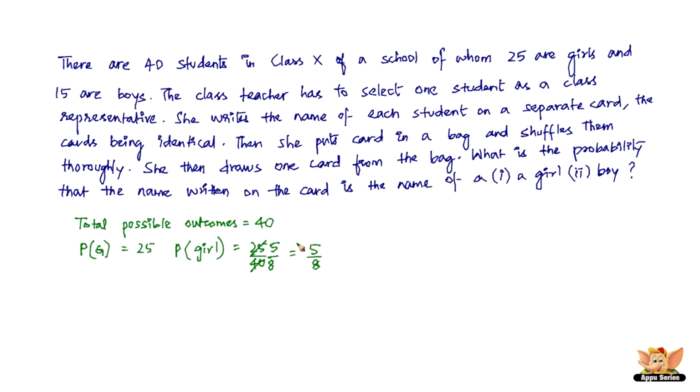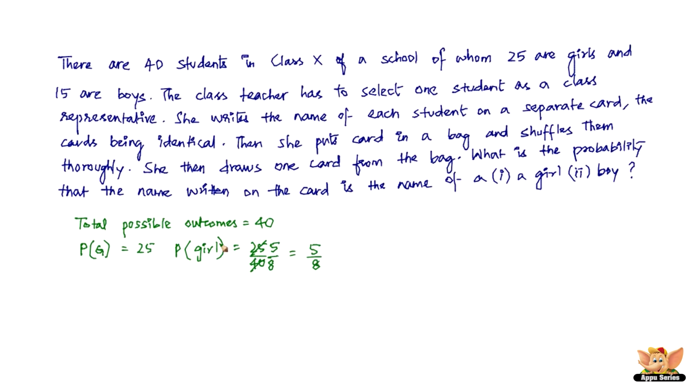And for the number of outcomes favorable for a card with the name of a boy, you can solve this in two methods. You can use the concept of complementary events, because the probability of the name of a boy coming is the same as the probability of the name of a girl not coming, which is nothing but 1 minus 5 by 8.